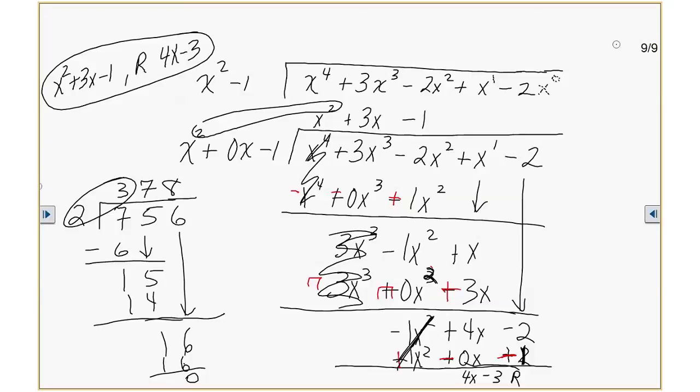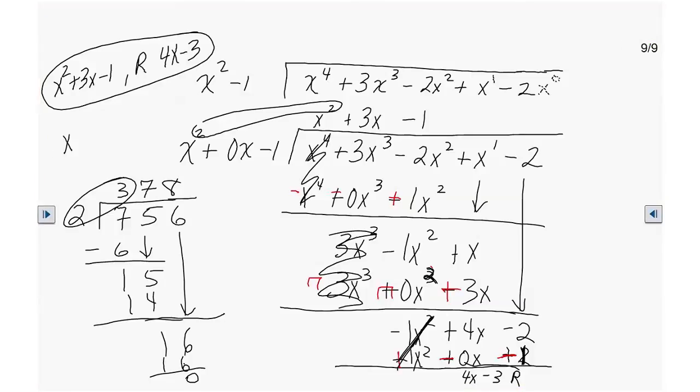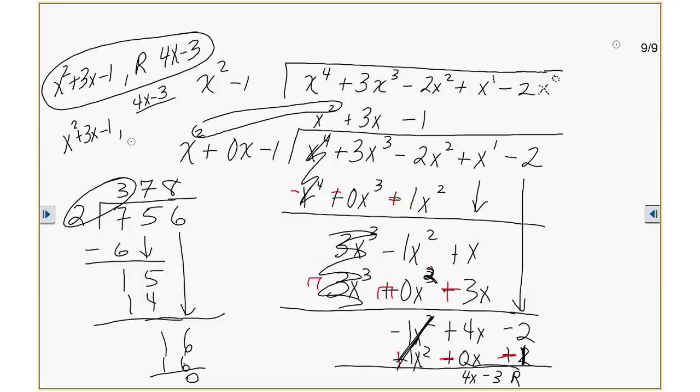Or x squared plus 3x minus 1, plus 4x minus 3 over what? x squared minus 1. Just like you would put the remainder down here over this 2.